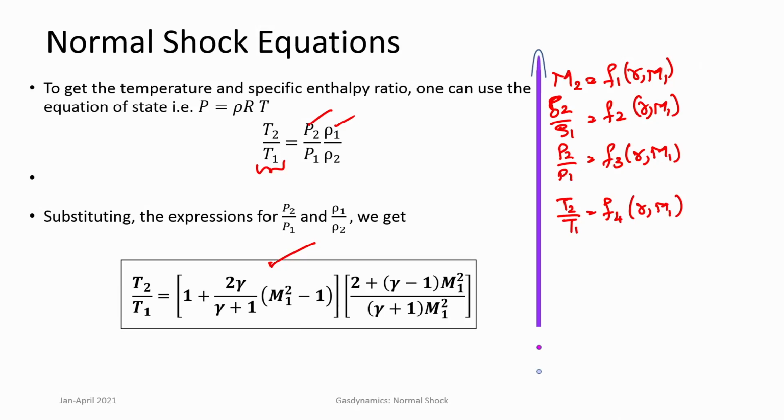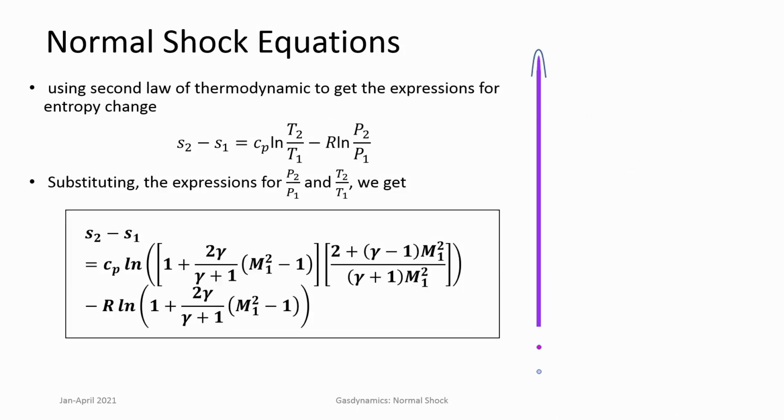How can stagnation quantities be related across the normal shock? If we look at the normal shock, it is an adiabatic process, so there is no heat transfer or work done. That means across the normal shock, the total enthalpy, h1 plus u1 square by 2, is equal to h2 plus u2 square by 2.